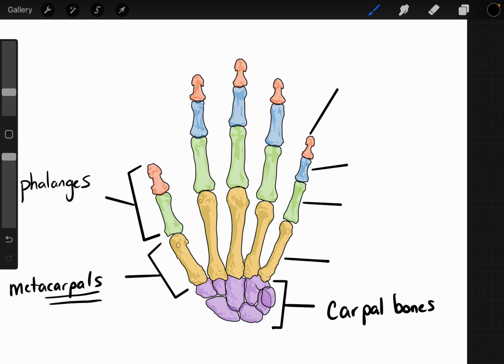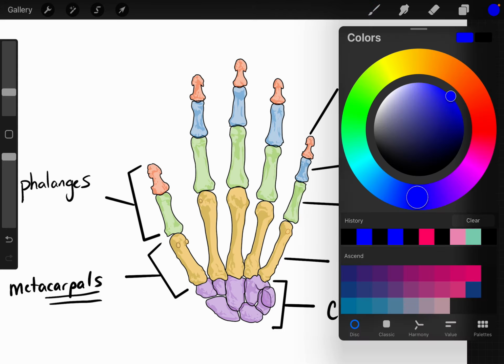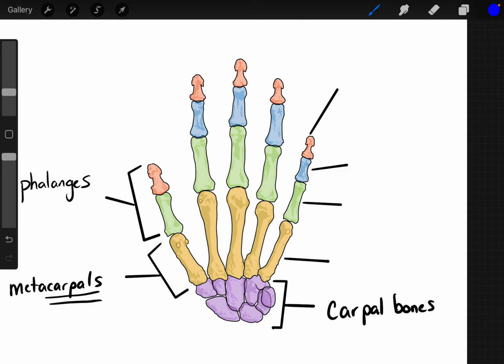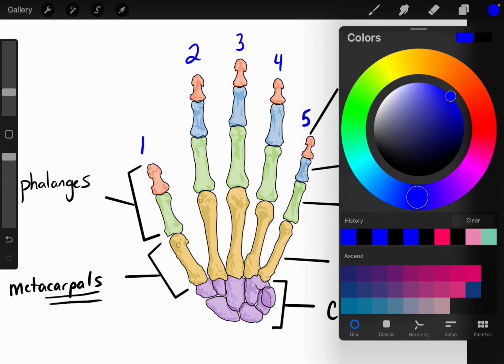Now, on this right side of the diagram, we're going to label the specific names. I'm going to switch the color for just a minute. When we number off the hand, so we know which bone we're talking about, number 1 is the thumb, number 2 is the index, 3 is middle, 4 is ring finger, 5th is pinky.